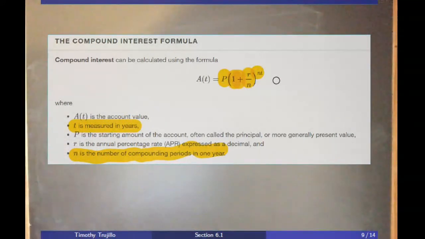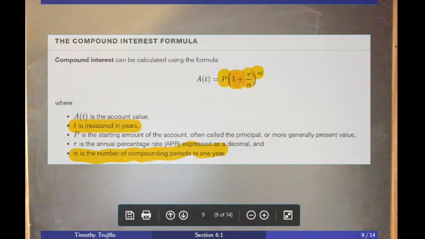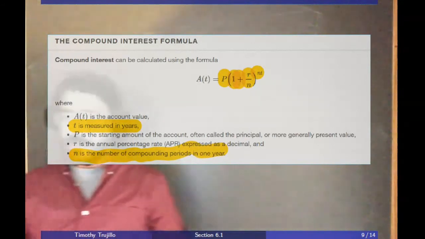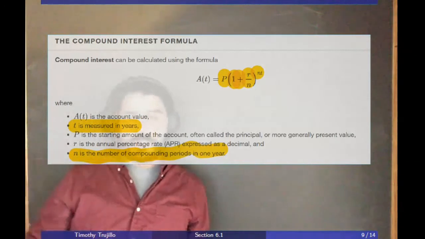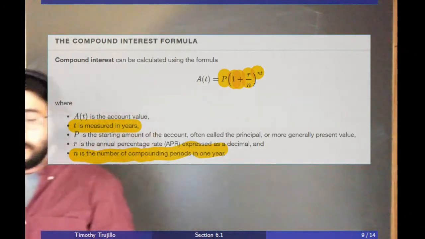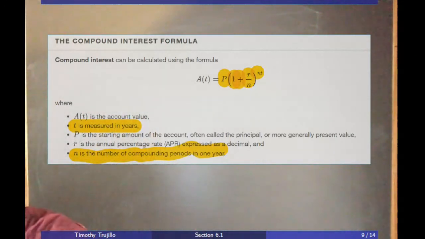Now, the difference here is that when you compound more often, so instead of compounding just once every single year, you don't include the full percentage rate, the value of r. And that's because this value of r is called the APR, the annual percentage rate, right?